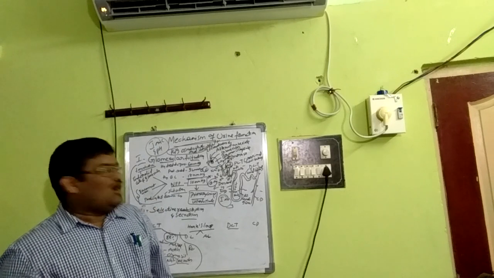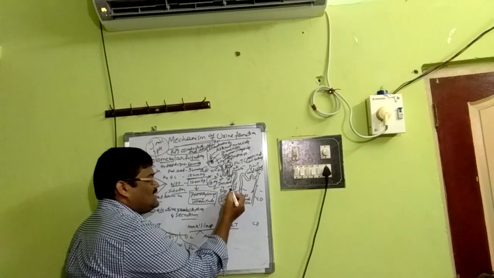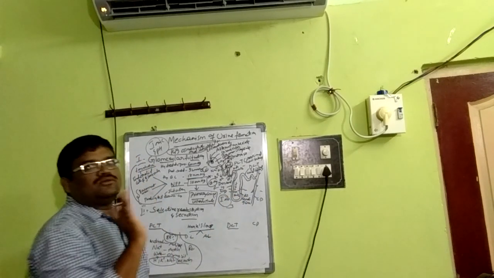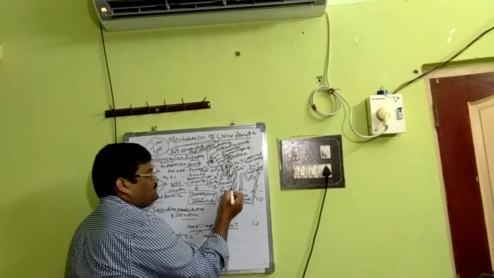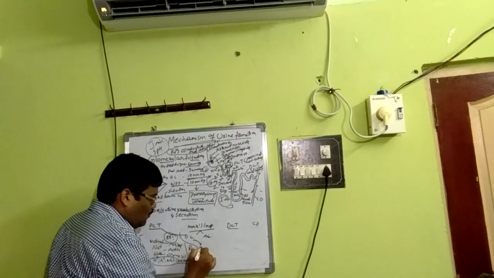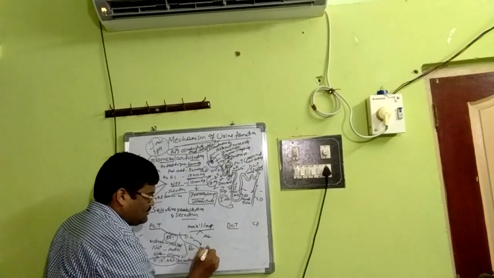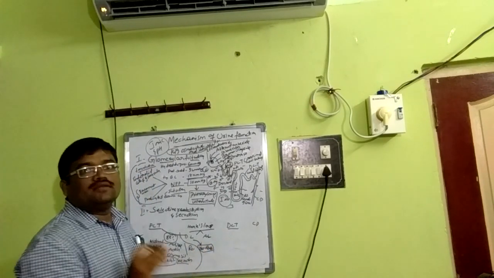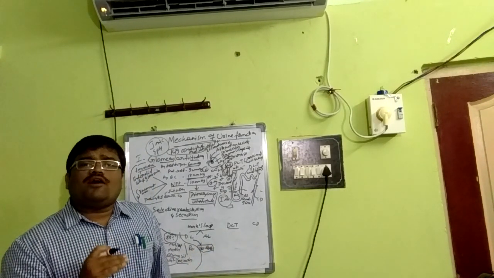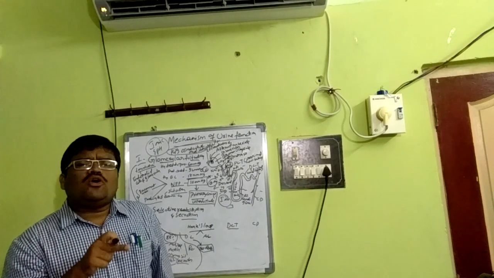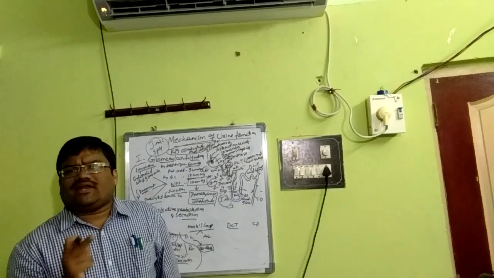That means Henle's loop. How? Here in the descending limb, only water reabsorption takes place. That means the descending limb of Henle's loop is permeable to water but almost impermeable to electrolytes.